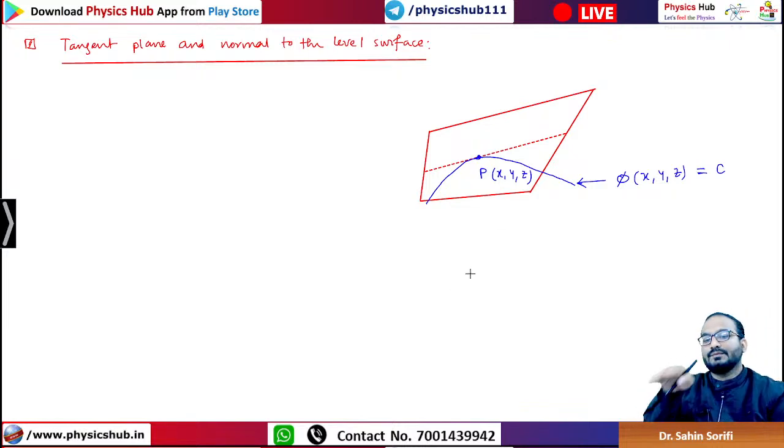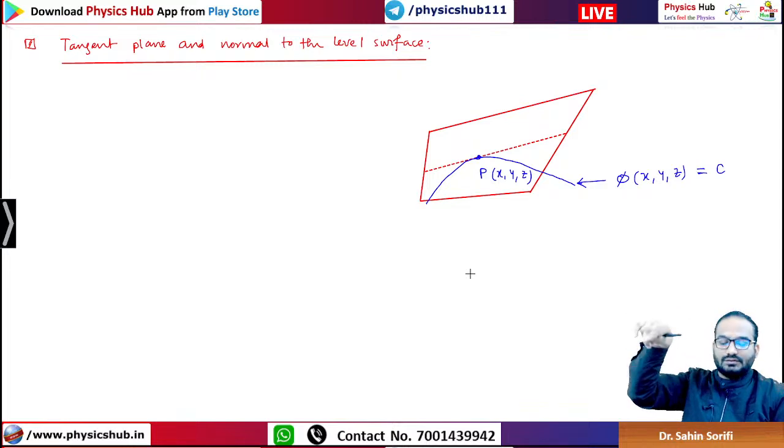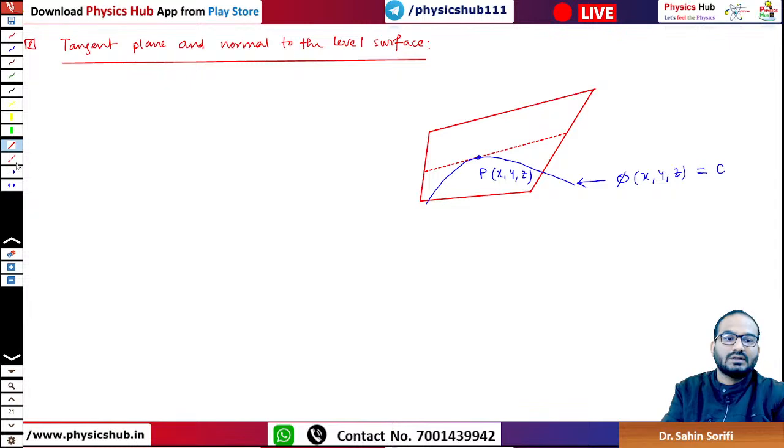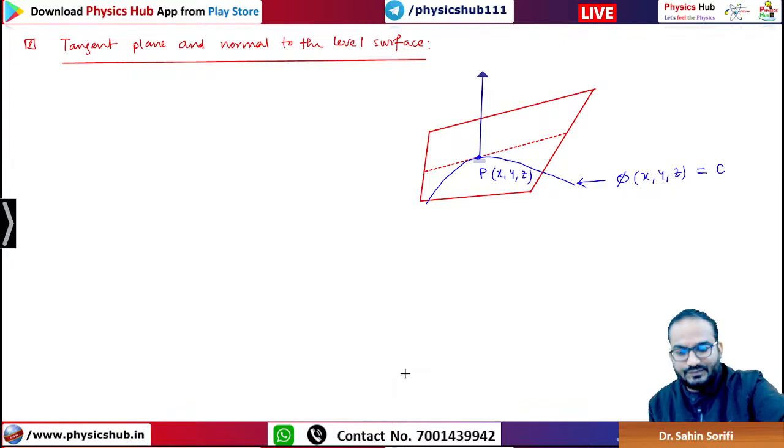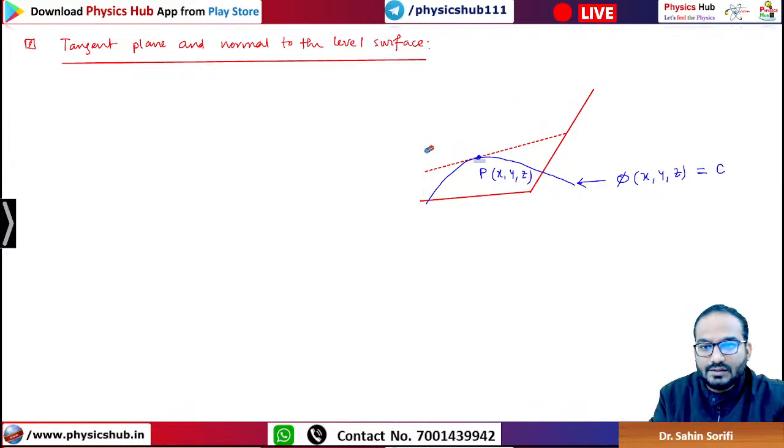You consider a bowl and a cardboard is placed on the top of it. Now you have to find out the tangent plane equation.